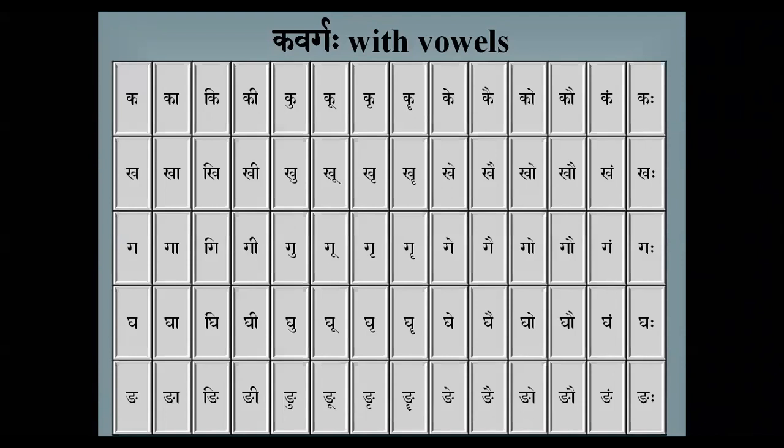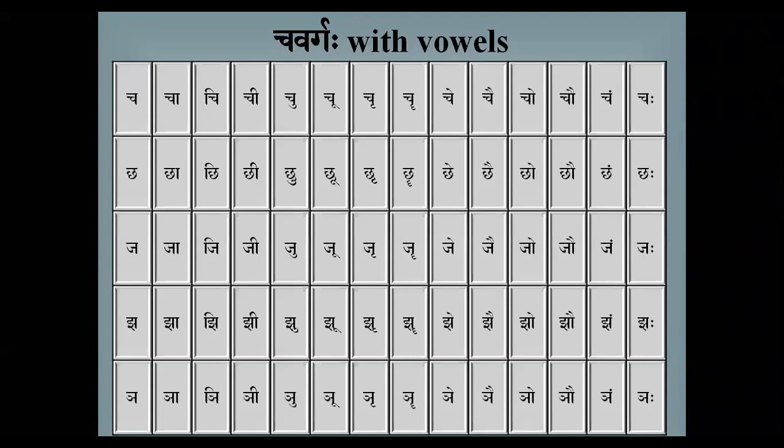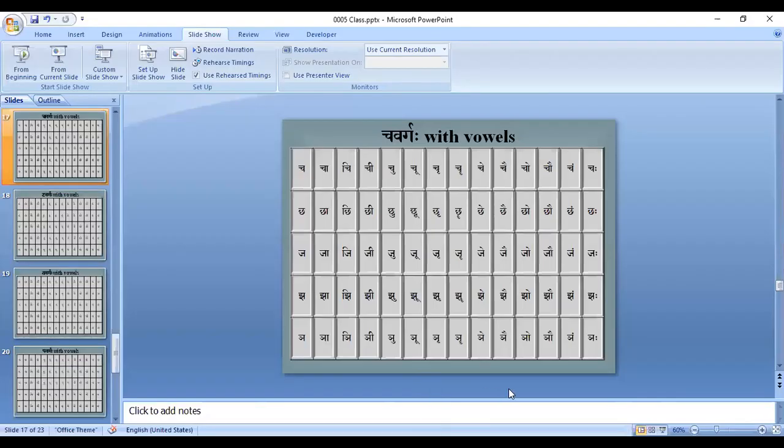Nga, nga, ngi, ngi, ngu, ngu, ngr, ngr, nge, ngai, ngo, ngau, ngam, ngaha. It's a bit difficult, but that doesn't matter, you can learn the combination. So now you know the first class. Similarly, the next class is there, that we will see in the next class, from Chavarga.